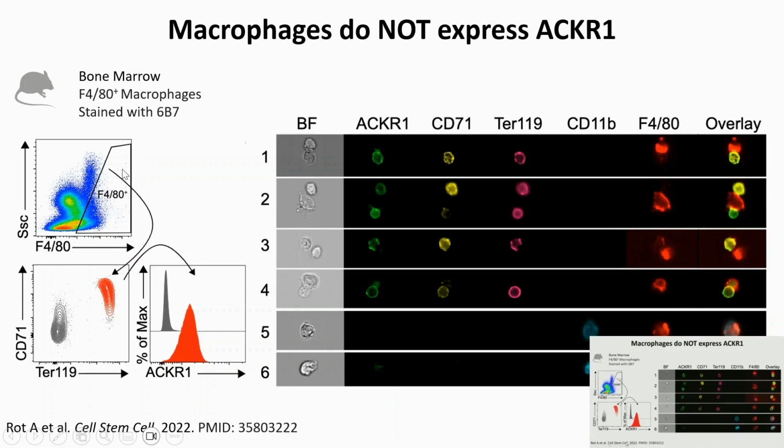What we found is that there were two subsets of macrophages, especially the red one here, which express CD71 and TER119, two erythroid markers. On top of that, you can see that these macrophages also express ACKR1.